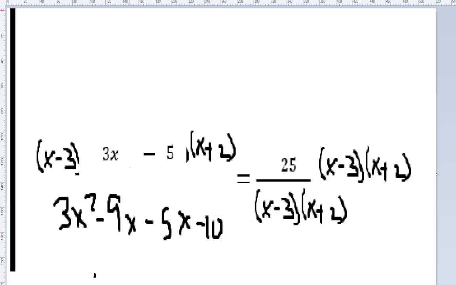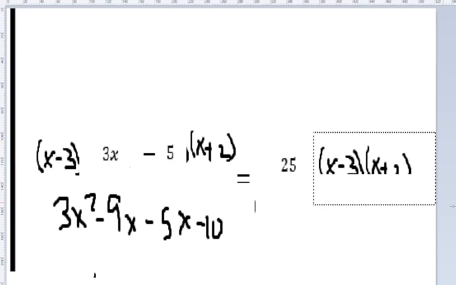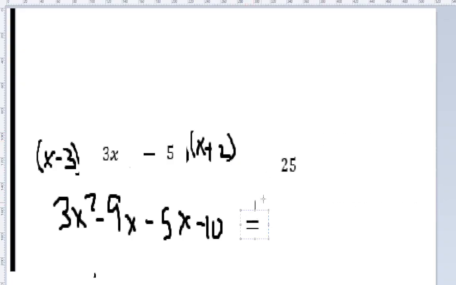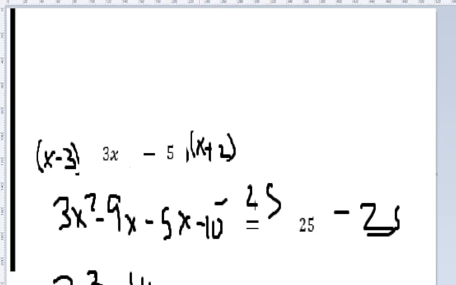And on the right, it all cancels. You get it equal to 25. Minus 9x minus 5x is minus 14x. So you get 3x squared minus 14x. And you'd have to subtract the 25 from both sides. Minus 35 is equal to 0.